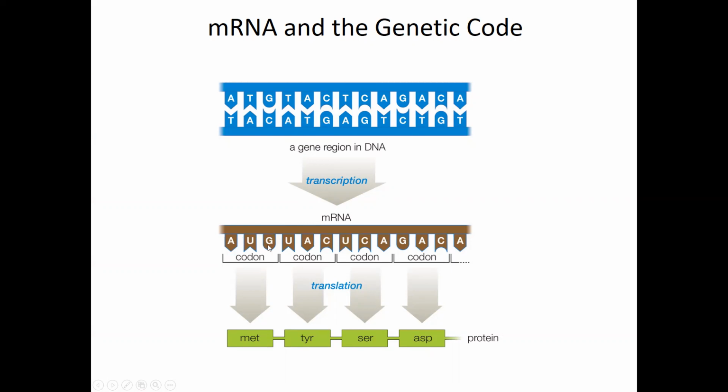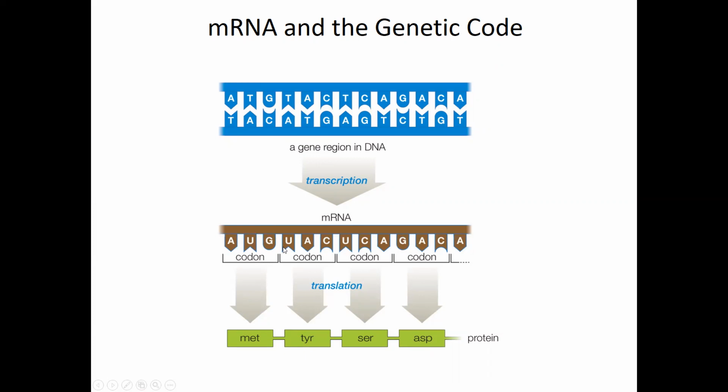Look at the first 3 letters, and you know that this bottom strand has got to be the template strand, because the complement to T is A. If the top strand were the template strand, the complement to A would be U, and this transcript would begin with U. So we know the bottom is the template strand. We make our messenger RNA transcript. We examine it by looking at codons and making triplets of each of those.